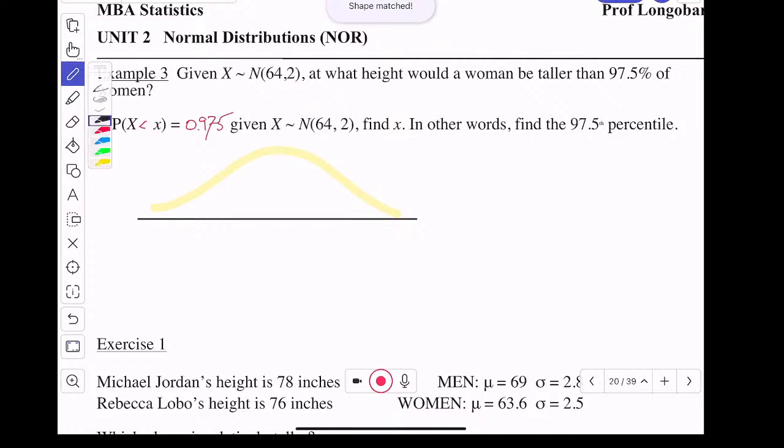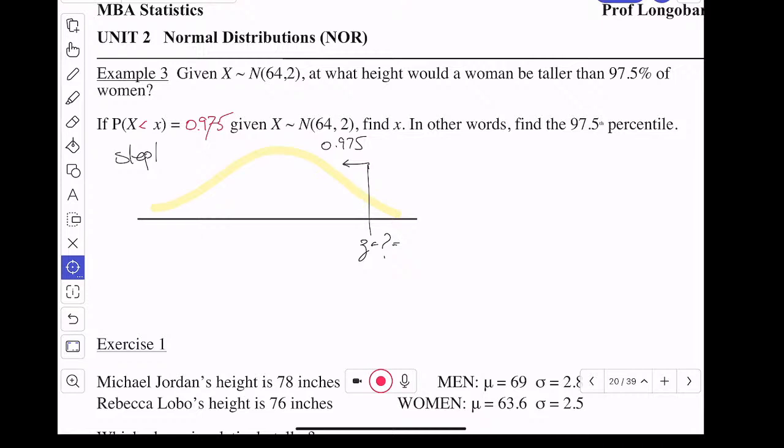So step one, have a position where this person is taller than 97.5% of other people. How many standard deviations above other people will the person be?